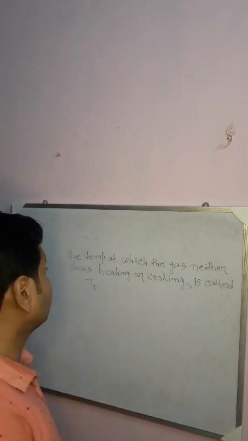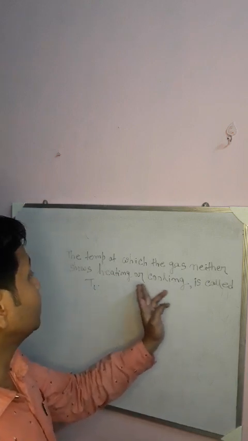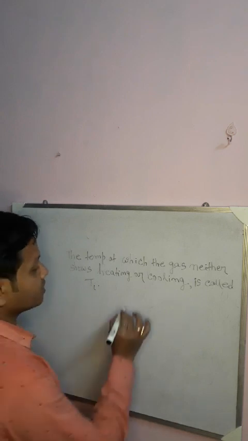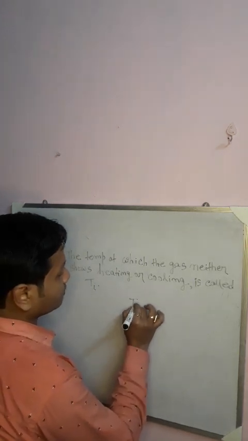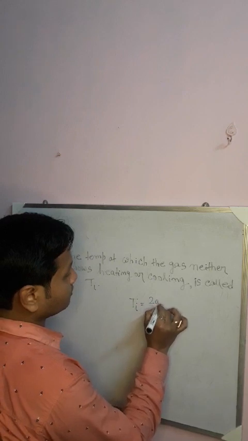The temperature at which the gas neither shows heating nor cooling is called inversion temperature, and its value is Ti equals 2a by bR.